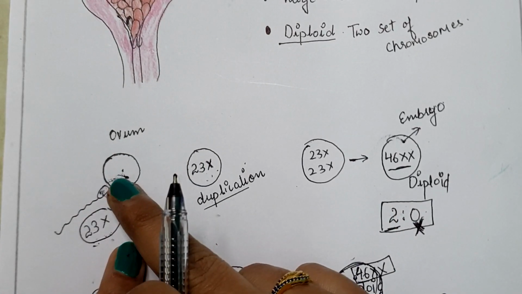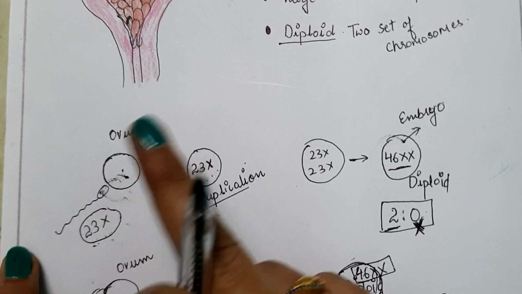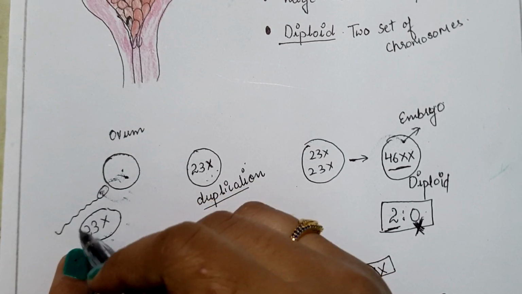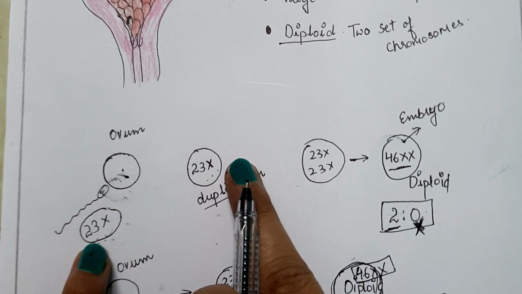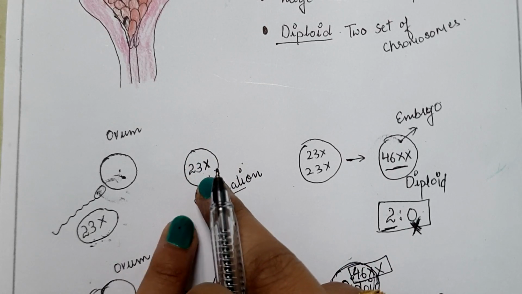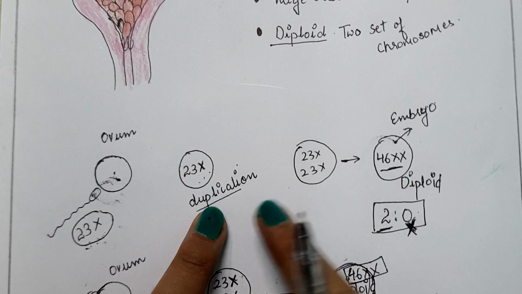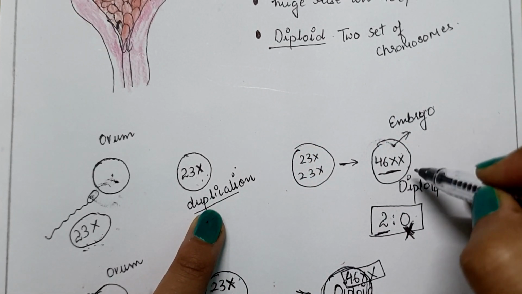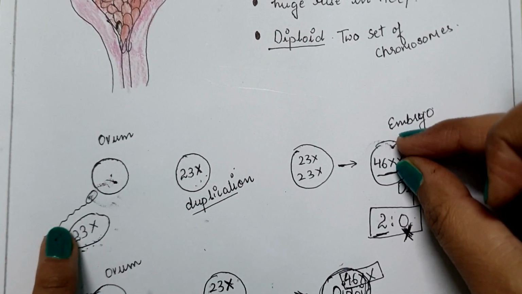This is an empty ovum or empty egg without any chromosomes, which is fertilized by a haploid sperm. Haploid means it consists of a single set of chromosomes, and after fertilization, the duplication of these chromosomes from the paternal side occurs, and after duplication they become diploid, meaning it consists of two sets of chromosomes, both from the paternal side.